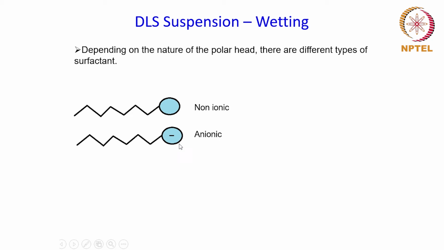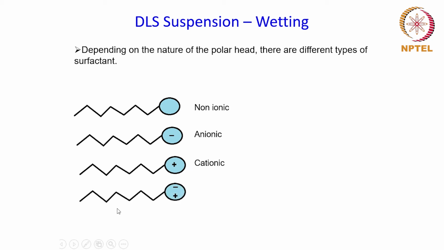Anionic, where the polar head has negative charge. Cationic, where it has positive charge at the polar head. And zwitterionic or amphoteric, which can have both positive and negative charge depending on the pH of the solution.